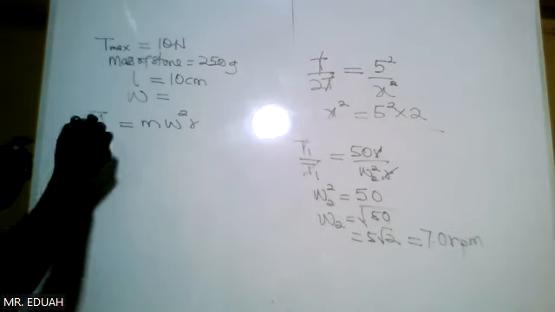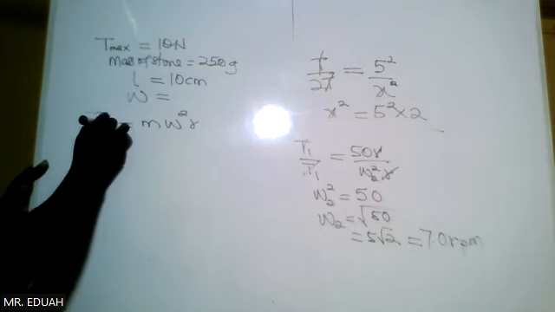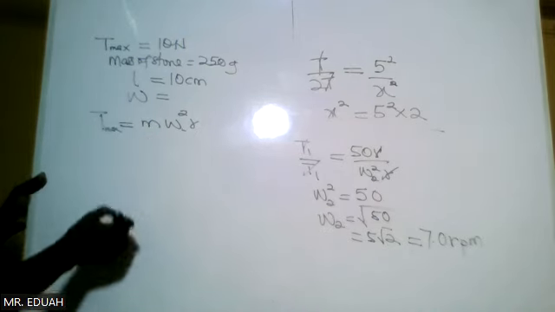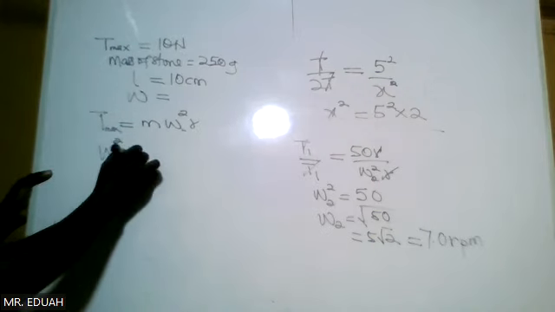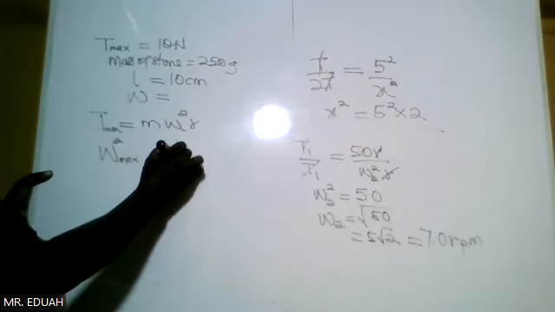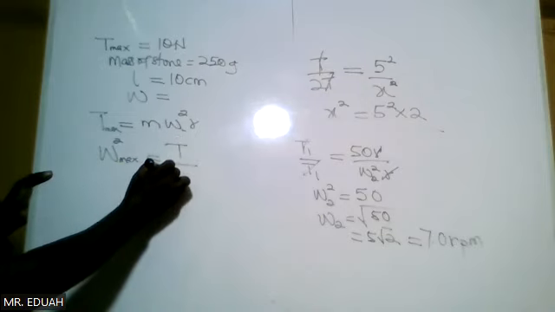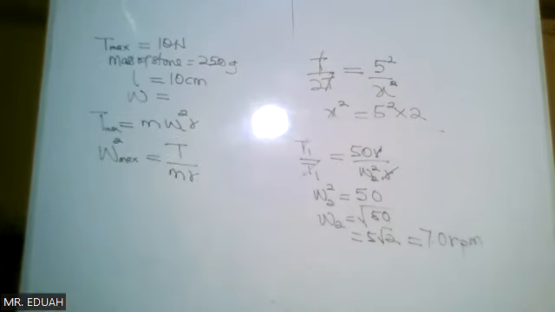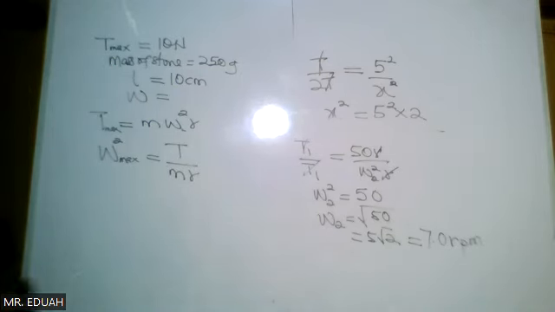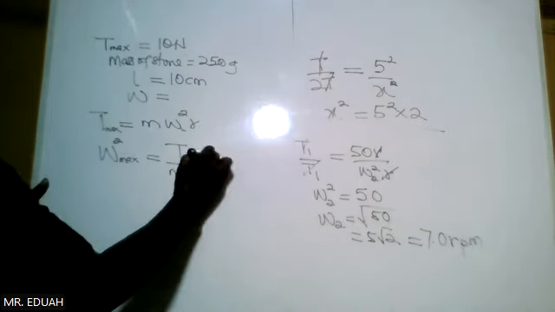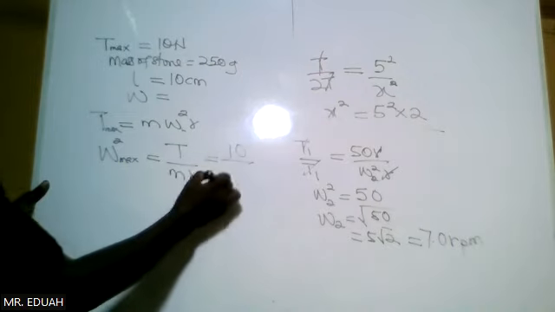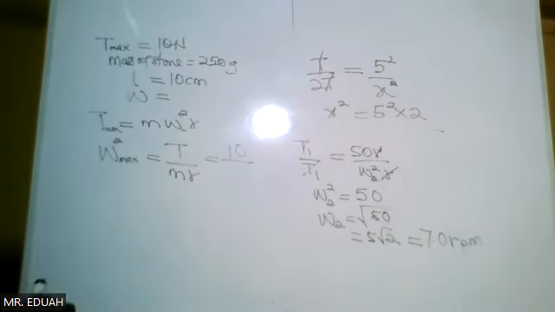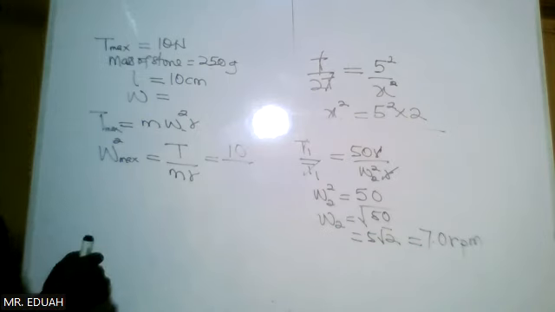So if this is the maximum tension, maximum angular velocity, omega squared maximum, would be equal to T over mr when you divide through by mr. Therefore, we have 10 over... you need to change the mass from gram to kilogram.